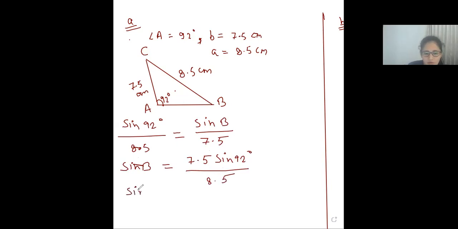So use your calculator and find the value. The value will be sine B is equal to 0.8822. So from here, B is equal to sine inverse 0.8822.